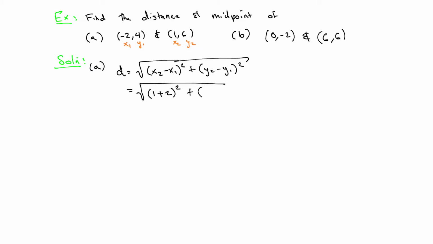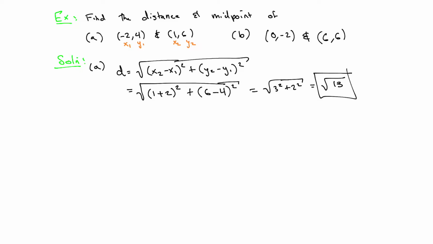And then it'll be y sub 2, which is 6, minus 4 squared, which ends up being the square root of 3 squared plus 2 squared, which is the square root of 13. Now, if the problem asks for it to be an approximation, you'll want to round and you'll plug this into your calculator. Otherwise, just leave it as is.